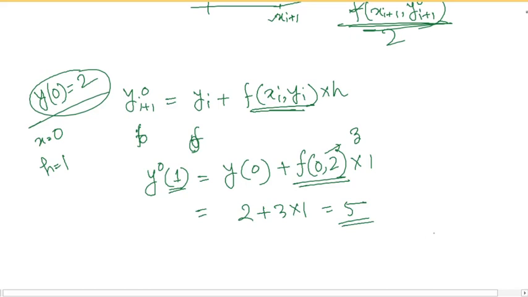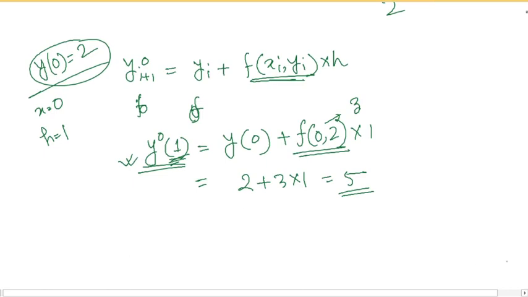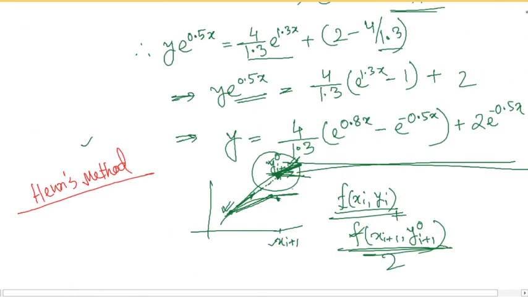This is the Euler's prediction, not the actual prediction. I am just determining this to get the slope value at the point 1. So now I need to calculate the slope at this point, and the slope at this point can be obtained using this value. Where xi plus 1 is known, that is 1, and y not i plus 1 I have obtained as 5 here.